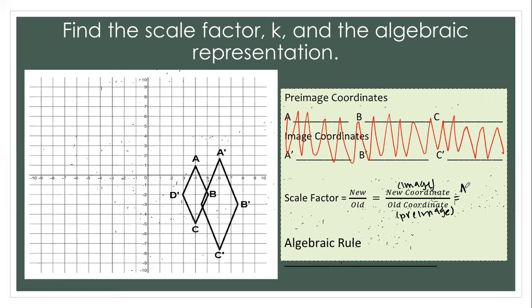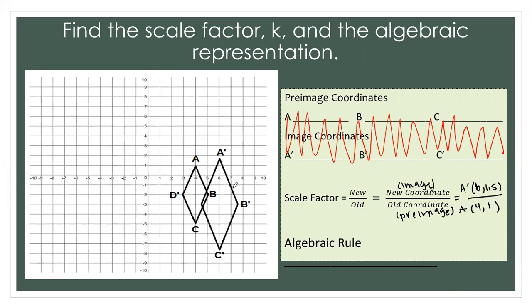So A prime is at what? 6 and what? It's in the middle, I think it's 1.5. So 6, 1.5. And where's A at? 4, 1.